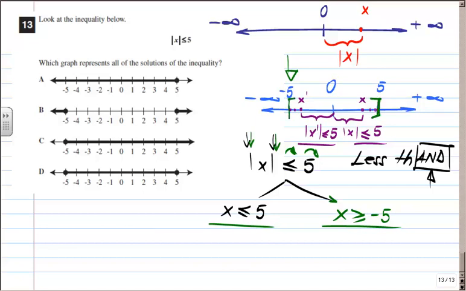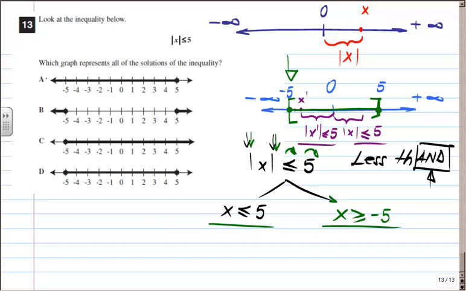Well, let's write there where 5 is. And as x greater than or equal to negative 5, I'm actually looking at this segment right there. And I can either use a full dot or full circle, right? And everything that's between them. And that should be the answer to my inequality.